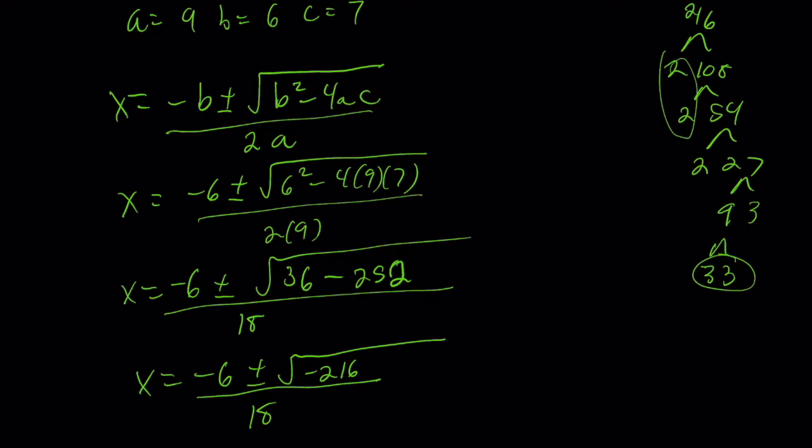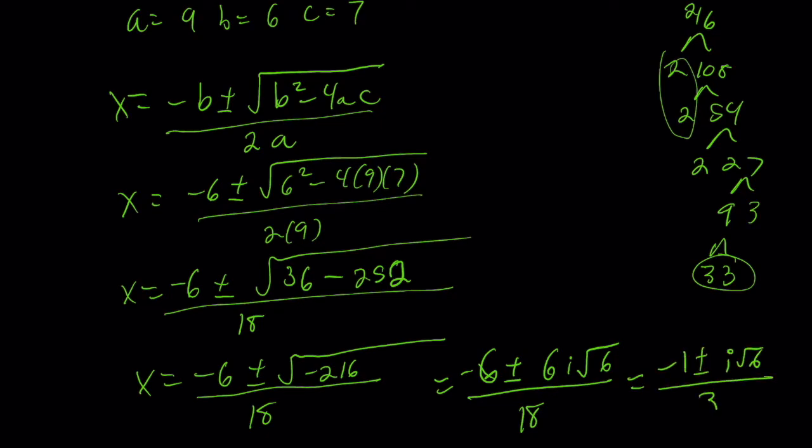So I have negative 6 plus or minus 6i square root of 6 all over 18. And I can pull out a factor of 6, so I have negative 1 plus or minus i square root of 6 over 3 as our final answer. And those are our two solutions.